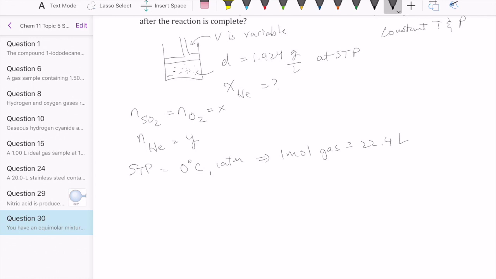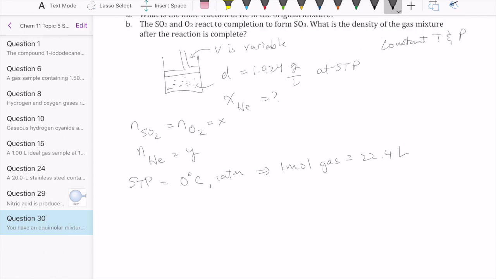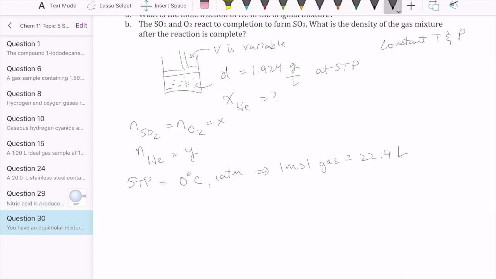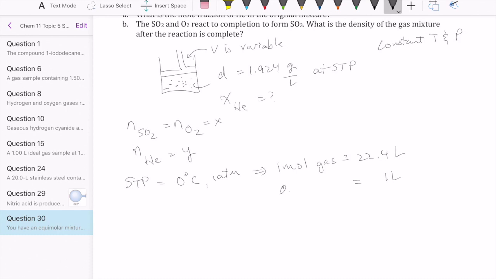Now, the reason this is useful is because we also know the density, 1.924 grams in a liter. So if 1 mole gives us 22.4 liters, then 1 liter gives you 0.04464 moles. In 1 liter, there's 1.924 grams, but it also corresponds to 0.04464 moles of the gas mixture.